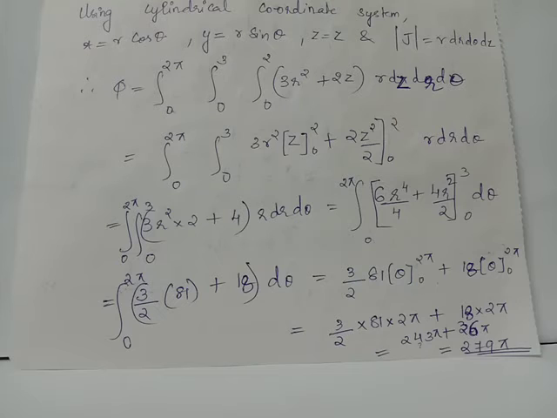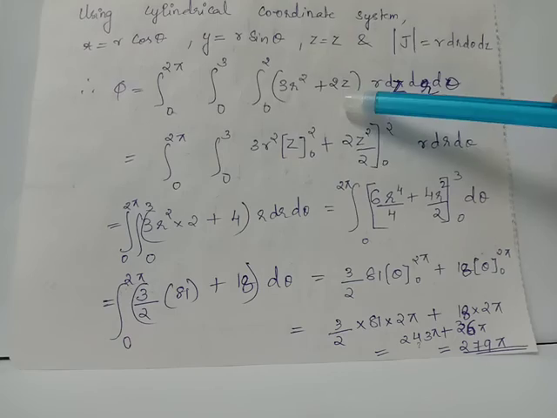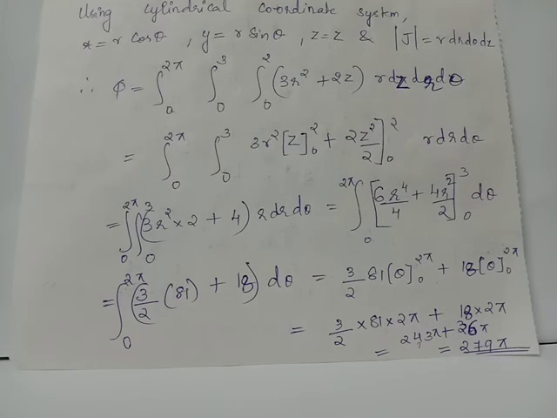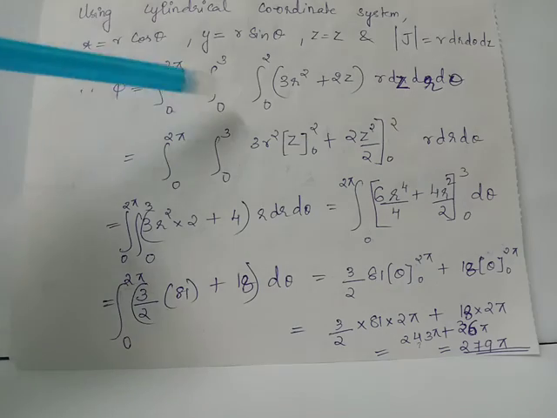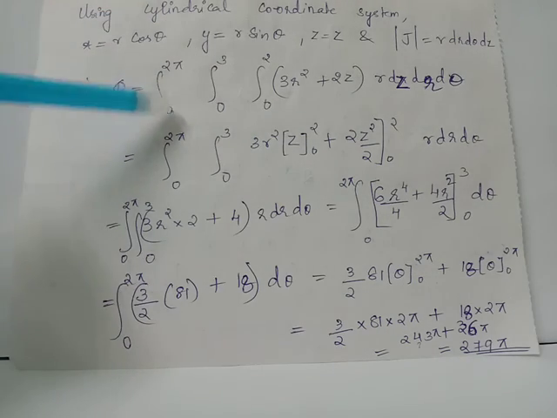Thus, the required flux when evaluated using cylindrical coordinate system will be obtained like this. We have z varies from 0 to 2, r varies from 0 to 3 and theta varies from 0 to 2 pi.